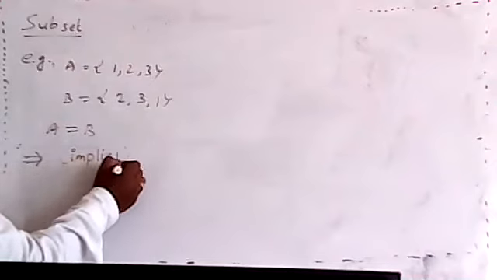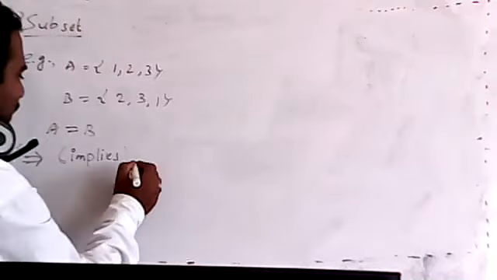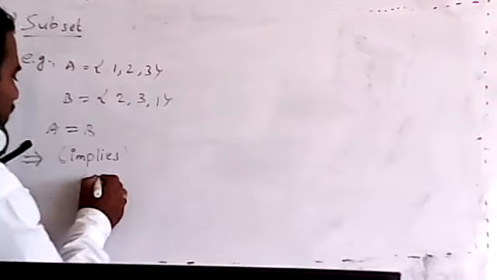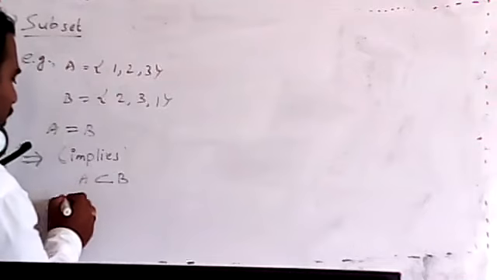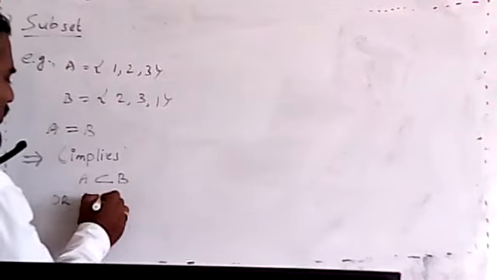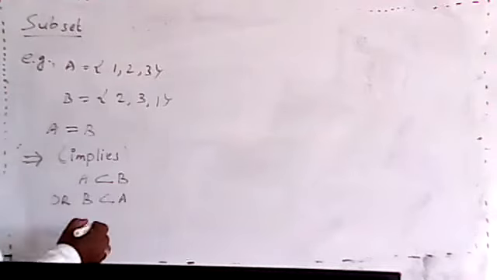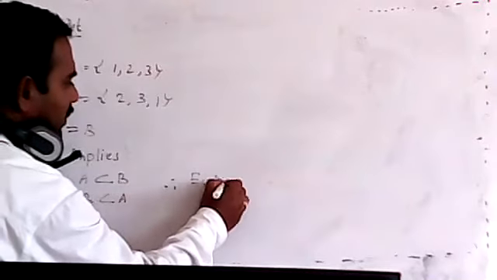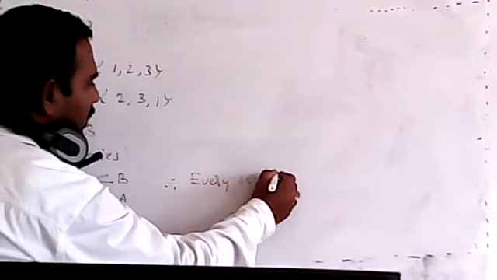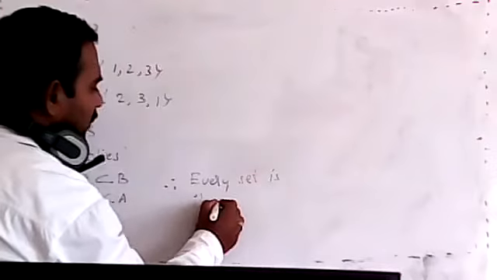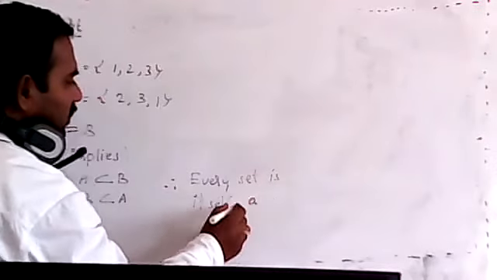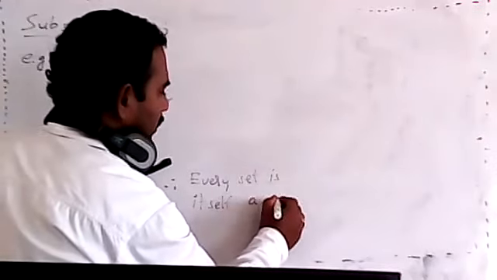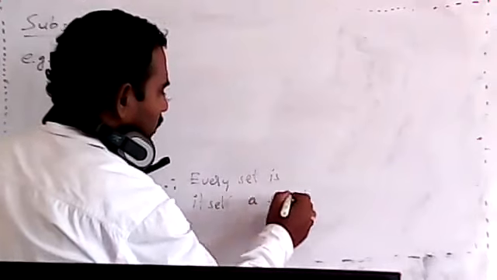Means indirectly, I'm telling that A is subset of B or B is subset of A. Therefore, we tell that every set is itself a subset of its own.